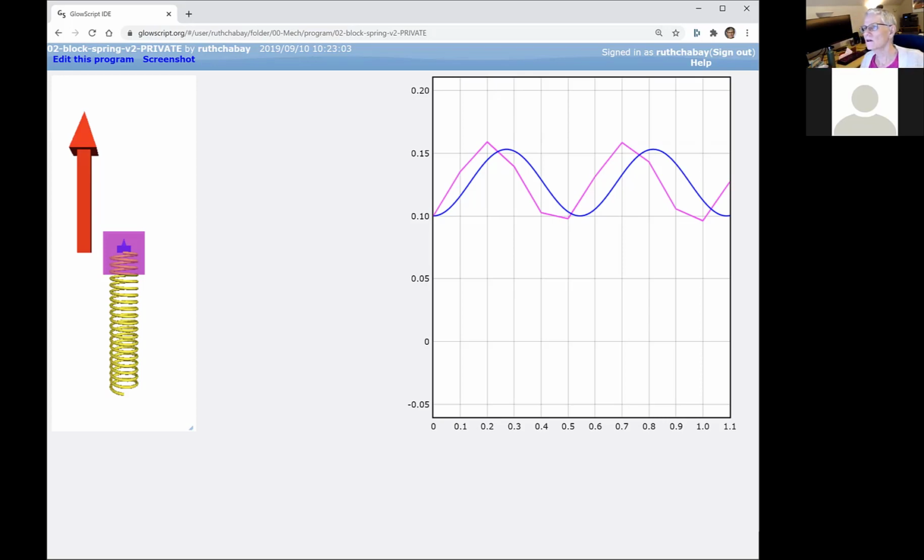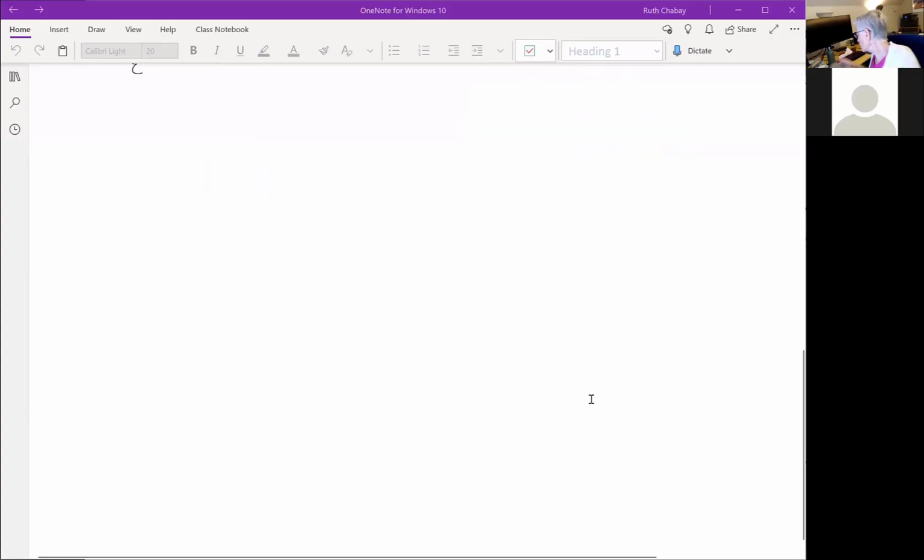Okay, so let's take a minute and just think about what the code to do that must have looked like. I want to talk about how we would do that on a computer, because you don't want to keep doing those calculations by hand. So basically what we need to do is the same thing.